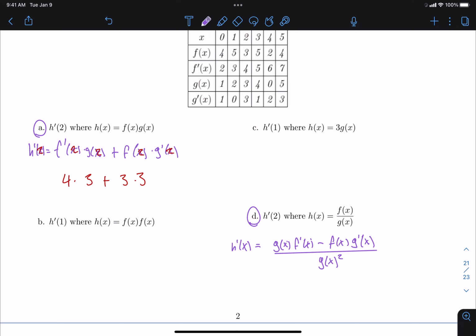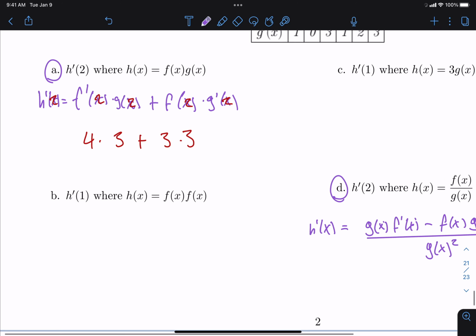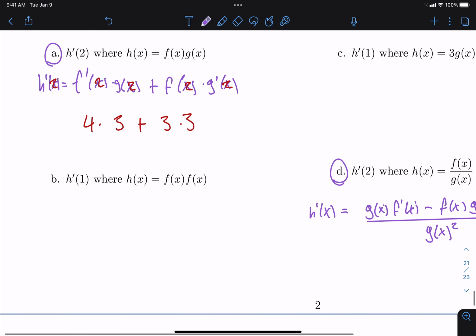I want to spend just a minute talking about part B and C here, okay? The point of part B is to say that, look, the letters of what we're doing here don't matter. What matters is the form. Here we have a function times a function. It's a product of functions.